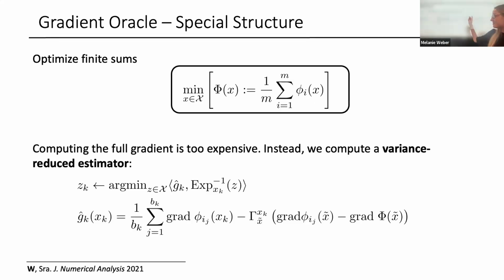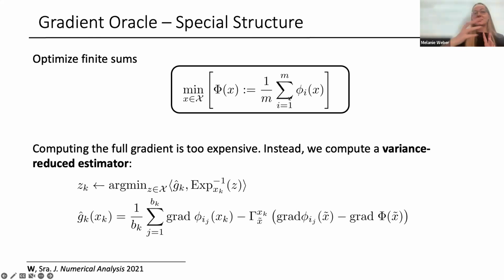And then importantly, in the finite sum setting, we can also extend the algorithm to that setting. Here we use a variance-reduced gradient estimator. Basically, the idea is, imagine that M is a very large number, right? We have a sum with many, many terms. And then we don't want to compute the gradient of that function in each iteration because we essentially have to compute M gradients.